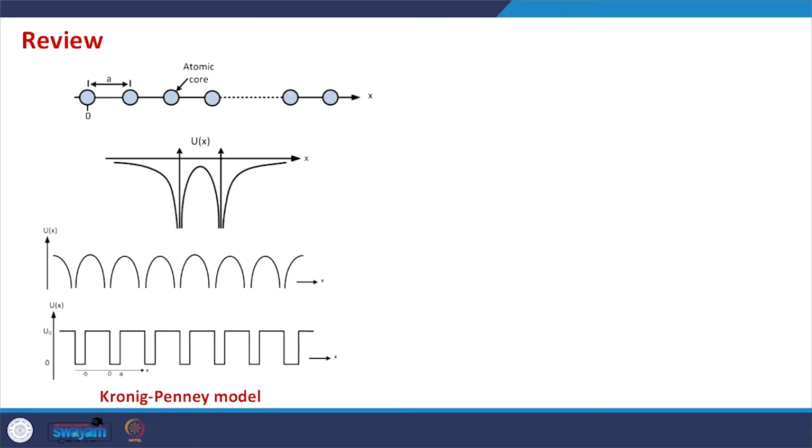how an electron behaves in actual solids, and we considered the case of a 1D solid. A 1D solid has atomic arrangement, or to be more precise, atomic cores arranged in this way, and the potential energy of the electron due to two of these cores will look like this, and the potential energy of the electron because of the entire chain of atoms, because of the entire 1D solid, will look something like this.